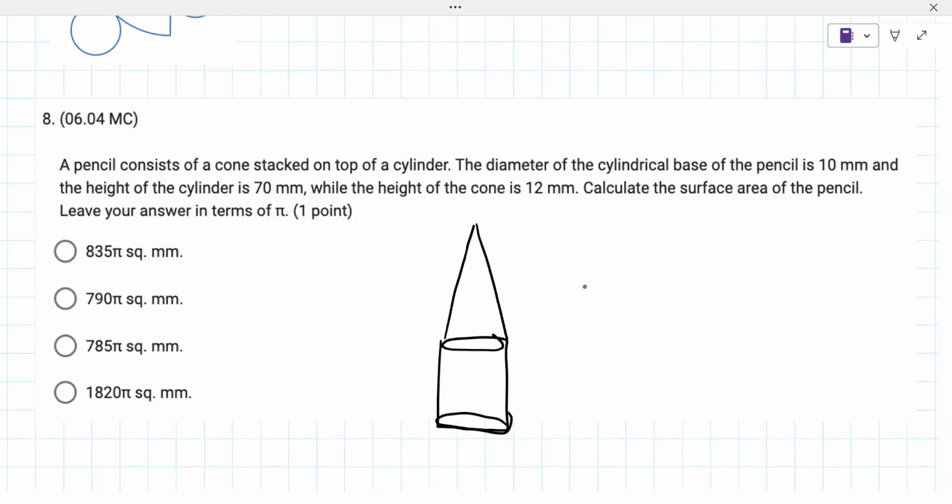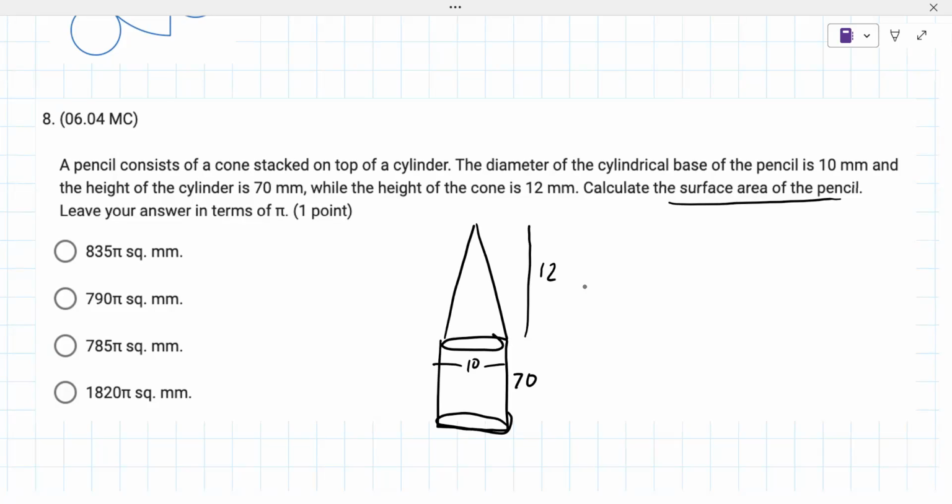Does that make sense? The diameter of the cylindrical base of the pencil is 10 millimeters, and the height of the cylinder is 70. So 70, and then this is 10 across here, while the height of the cone is 12. Calculate the surface area of the pencil.